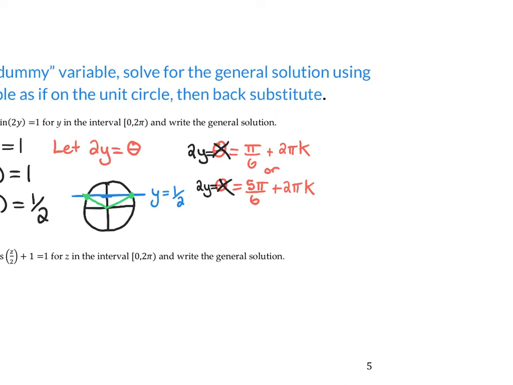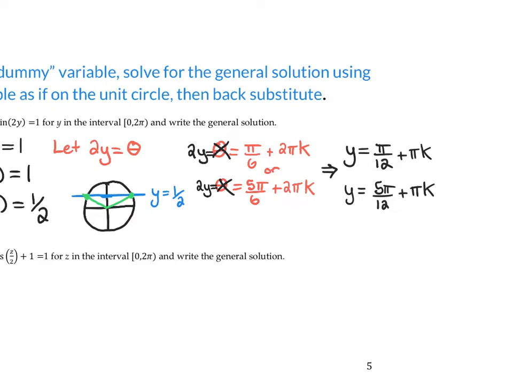So to finish solving for y, I need to divide both sides by 2. So y equals pi over 12, because I'm really multiplying by a half, plus pi k, or y equals 5 pi over 12 plus pi k. This is my general solution.